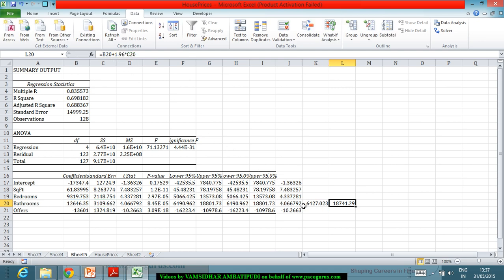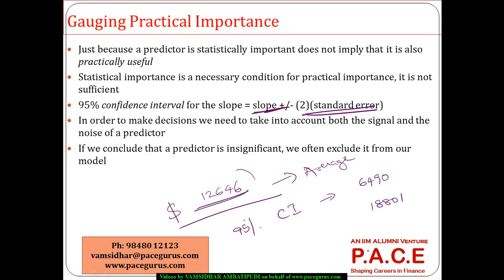Somewhere in the middle it comes out, so you can take either 2 times or 1.96, but this is the range. So at a minimum, there could be a 6,400 increase in the price, and it may even result in an 18 to 19,000 increase in the price by increasing one bathroom.